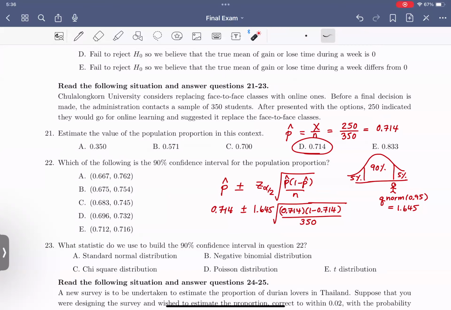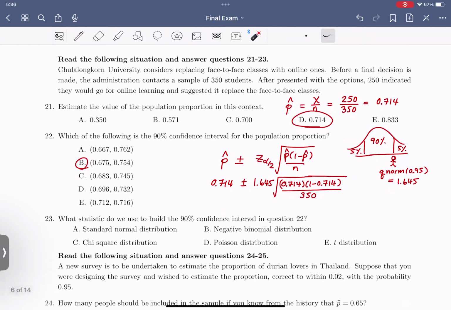So after I hit the calculator carefully, the number that I get is 0.67 to 0.75. So the choice is gonna be choice B. So it's 0.675 to 0.754. Okay, all right. The number can be off a little bit, because sometimes people round this number too early.